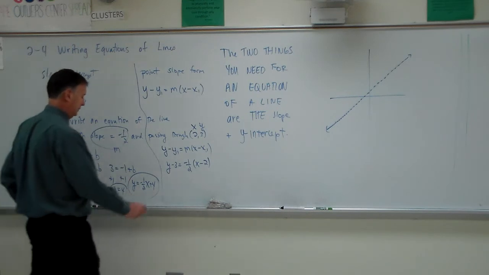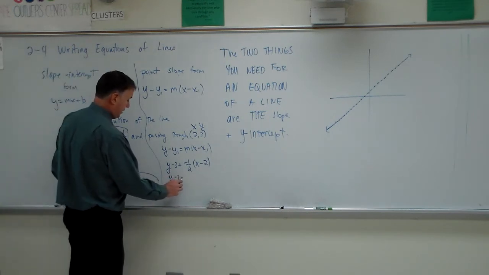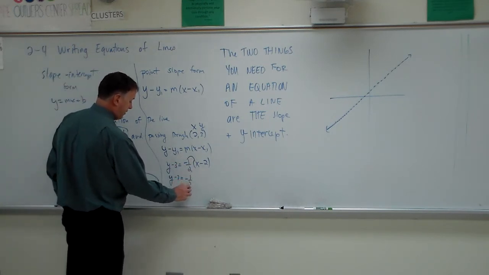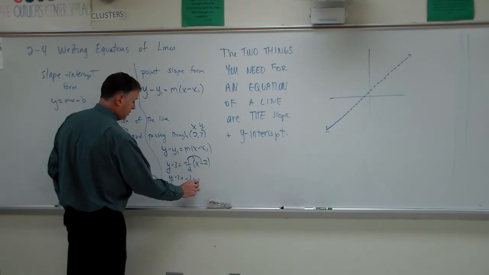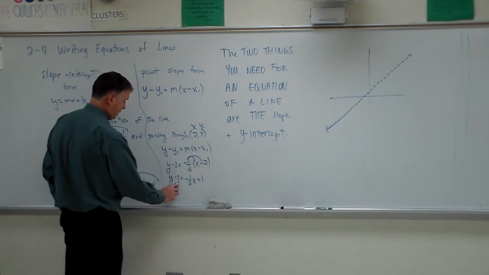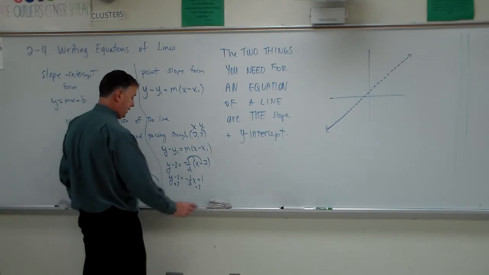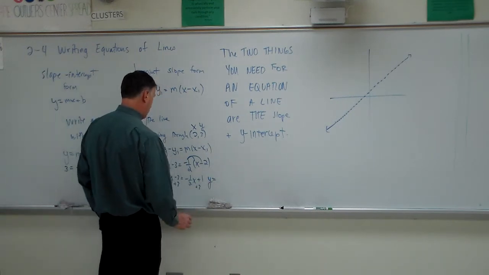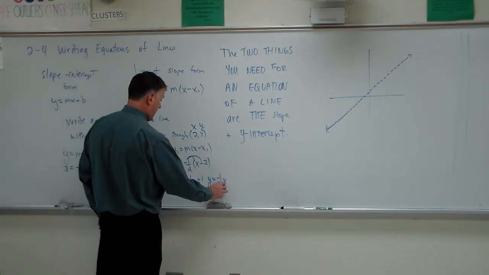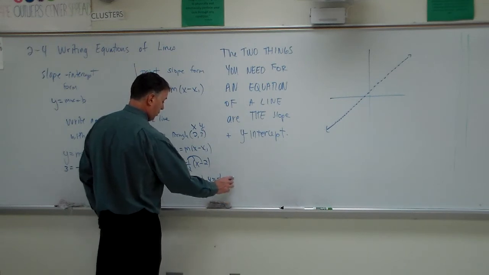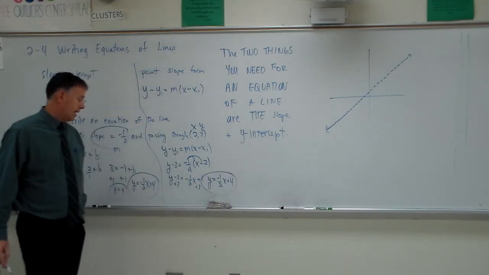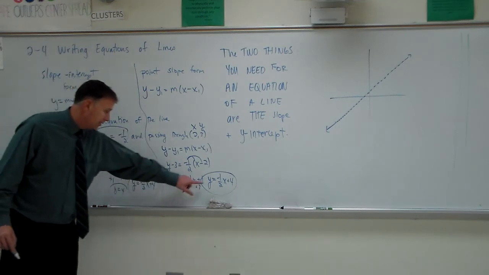You don't leave it like that. Y minus 3 equals negative 1/2 x plus 1, plus 3 plus 3. Y equals negative 1/2 x plus 4. Okay? Same answer both ways.